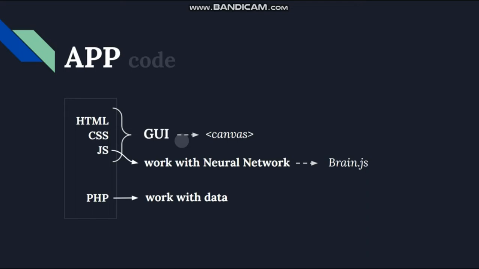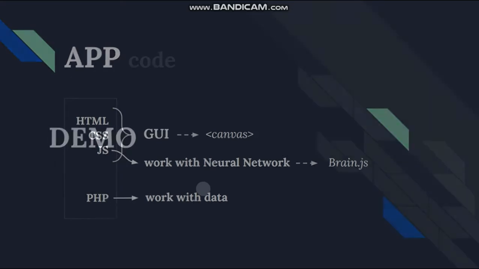Also, JS controls the neural network, and I use the framework Brain.js to work with the neural network, and PHP is responsible for working with data: storing, creating data, training and other functions. Well, it's time for a demo.